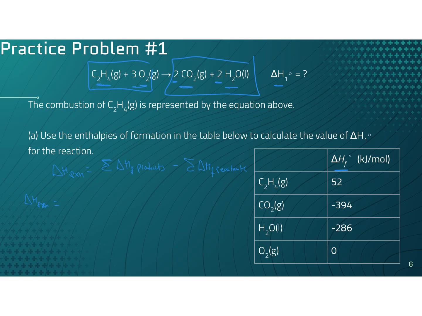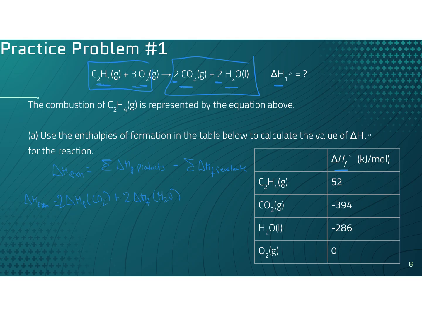And so this is going to be, and I'll just do it quickly in symbol form, 2 times delta H of formation of CO2, plus 2 times delta H of formation of H2O.